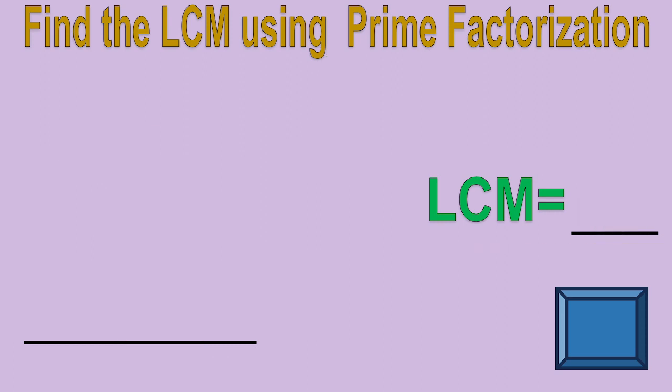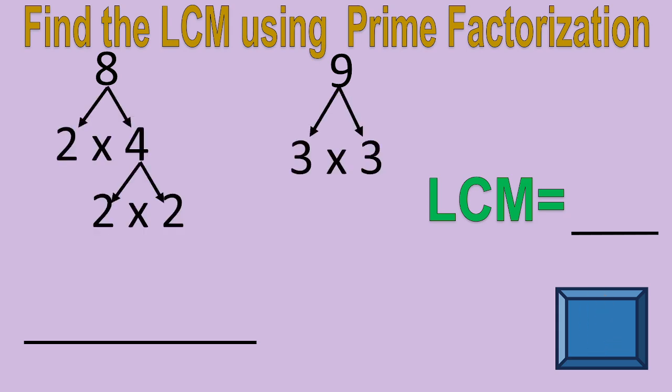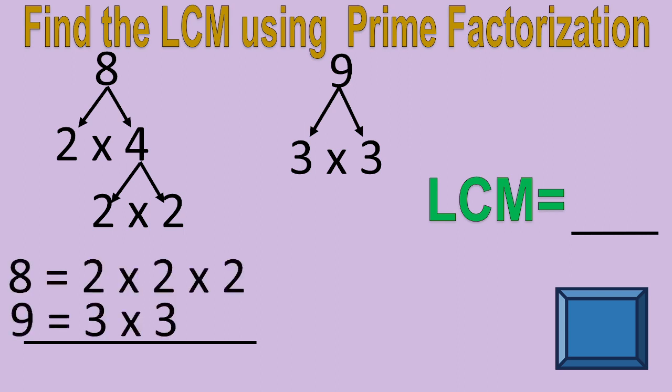Another: 8 and 9. Times up. The answer is: the prime factorization of 8 is 2, 2, and 2.